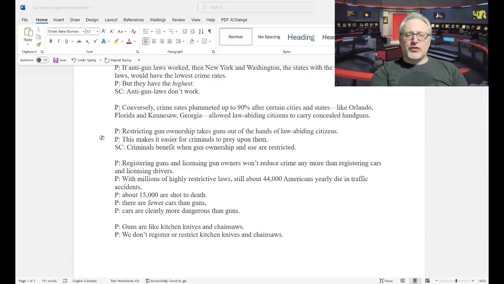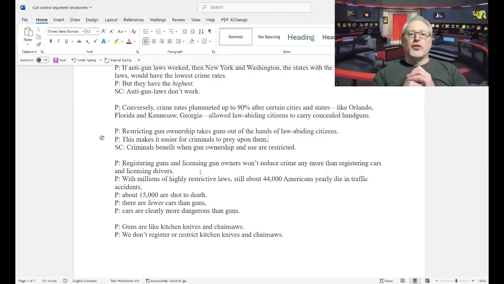Registering guns and licensing gun owners won't reduce crime any more than registering cars and licensing drivers now reduces traffic accidents, which is to say hardly at all. Oh, okay, yes. So that's important. I should not have cut that out, or I should have included that in my list of possible premises.